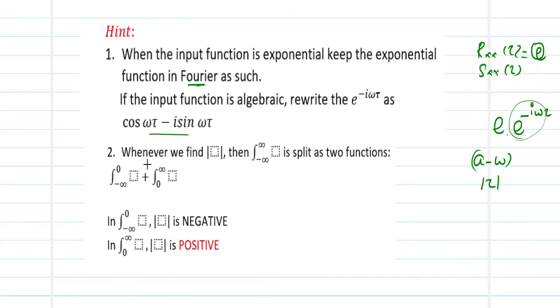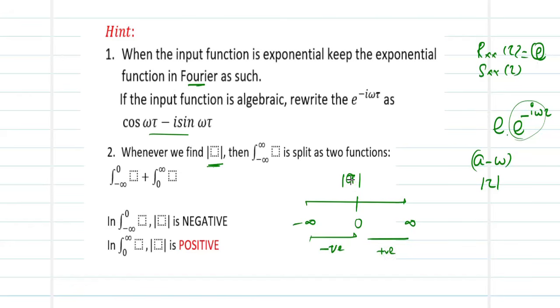The second hint is that whenever we have the modulus of a function as input, we need to keep in mind that this modulus behaves in two different ways in the entire range from minus infinity to infinity. From 0 to minus infinity, the modulus takes a negative value, and from 0 to infinity it takes a positive value.